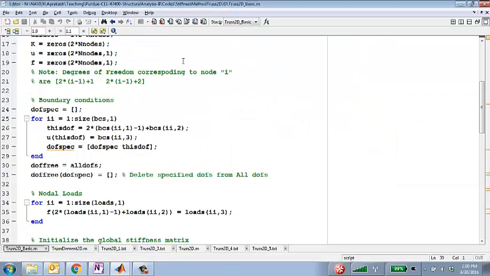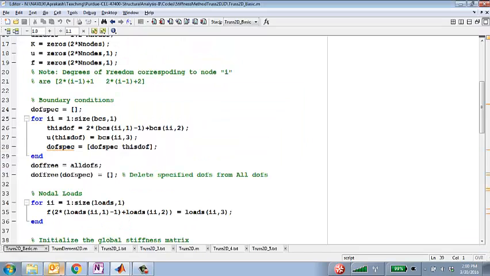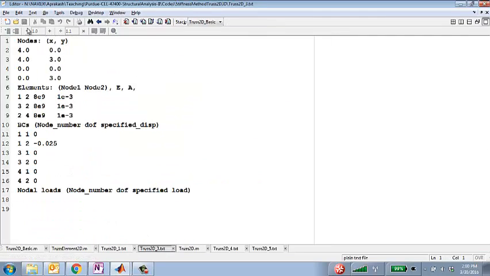So in the input file, maybe I should show the input file also here. The input file is just those 4 nodes in this case, 3 elements with their Young's modulus and area of cross section. Boundary conditions, there are 6 total boundary conditions here. 2 at node 1, 2 at node 3, 2 at node 4, and at node 1 it is saying that the second degree of freedom has a displacement of minus 0.025.